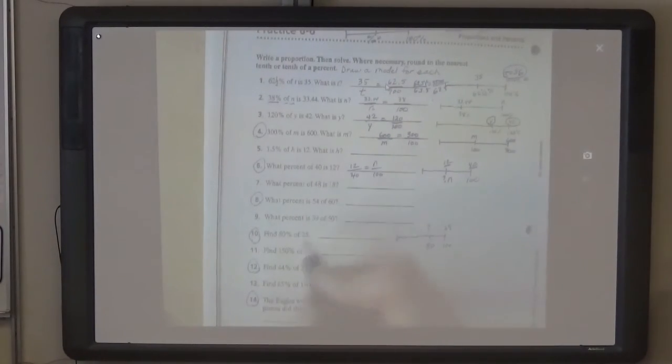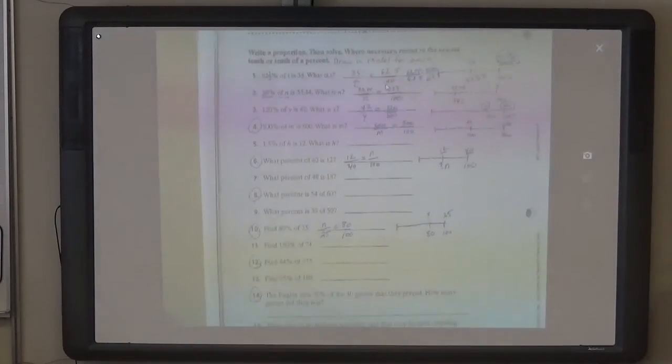In these, we're given the whole, and we're looking for 80% of it. So then you would write n out of 25 is equal to 80 over 100. And would you still be able to divide after you do the proportion?